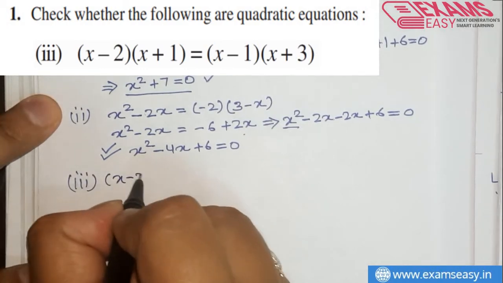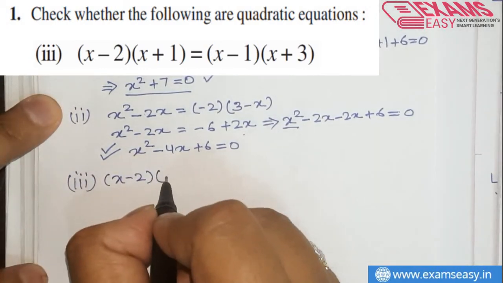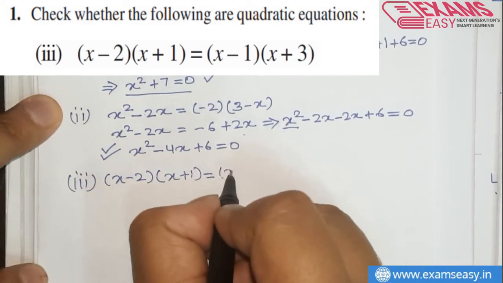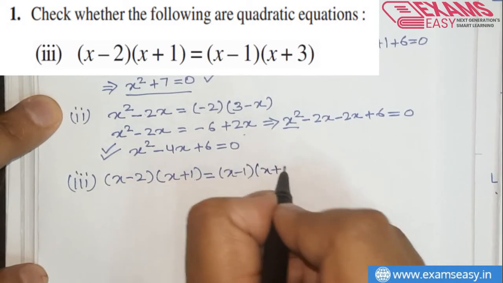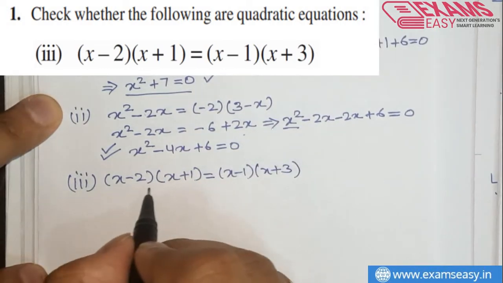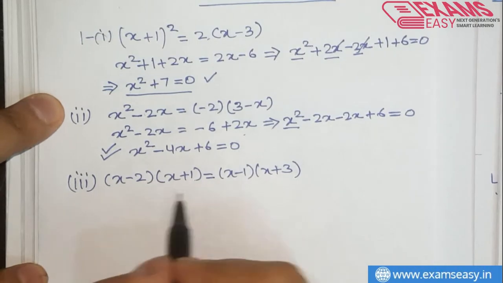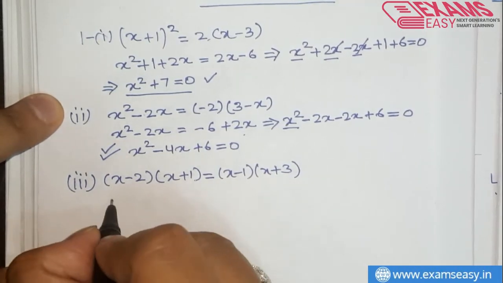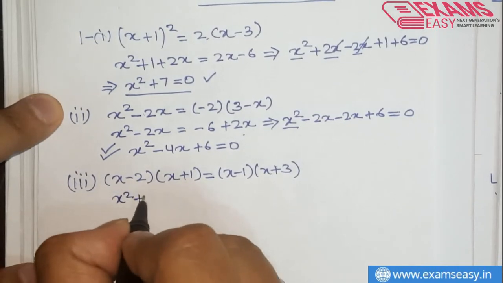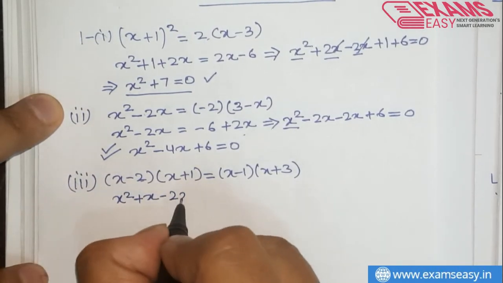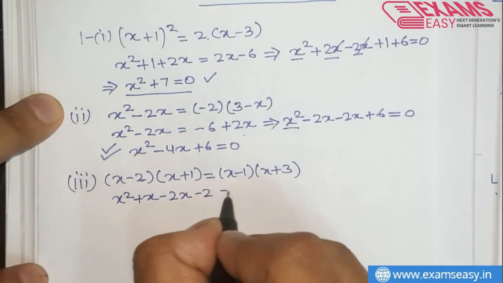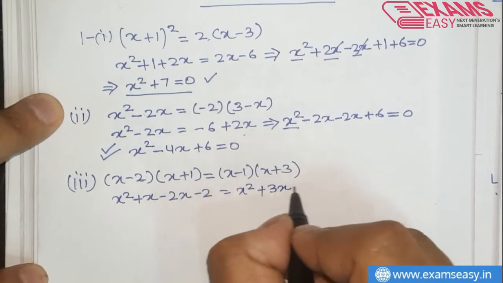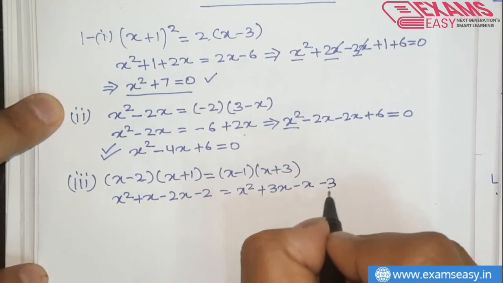(x minus 2)(x plus 1) is equal to (x minus 1)(x plus 3). So if we multiply on both sides, let us open the brackets. The left hand side will become x square plus x minus 2x minus 2 is equal to x square plus 3x minus x minus 3.